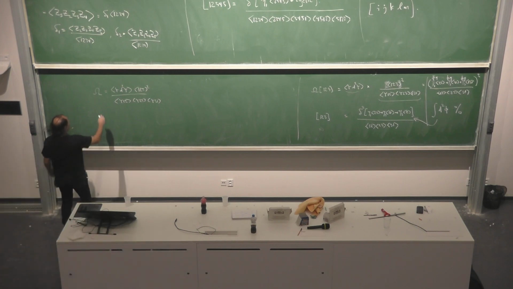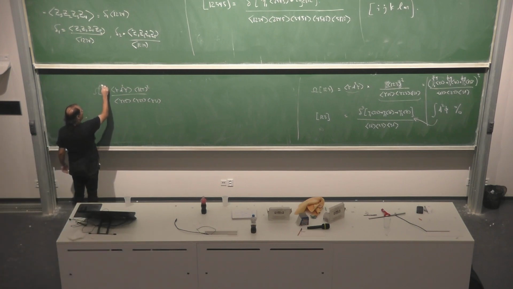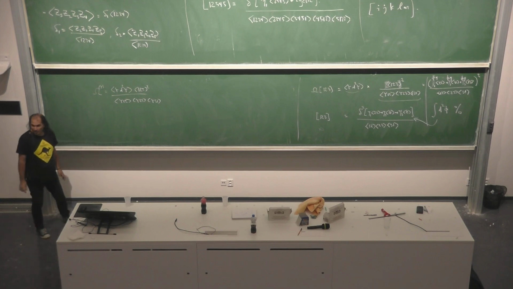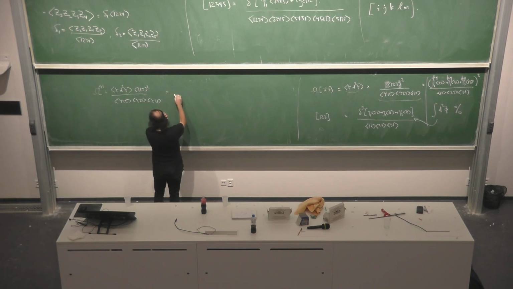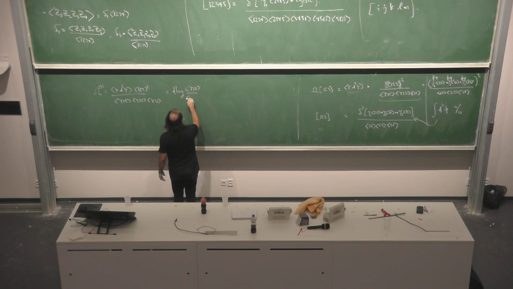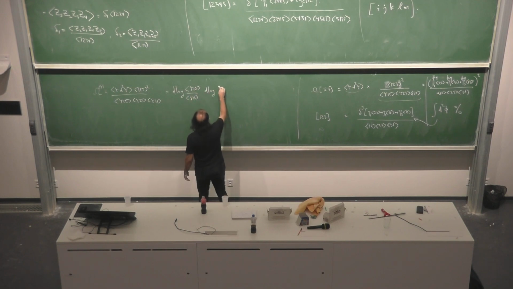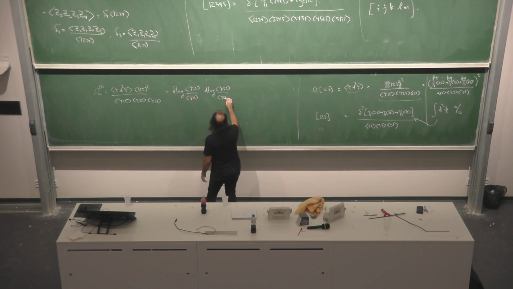And remember, this is omega on y. It's a canonical form on y. But remember, I also told you that this is the d-log of y12 over y13, let's say d-log y23 over y13.